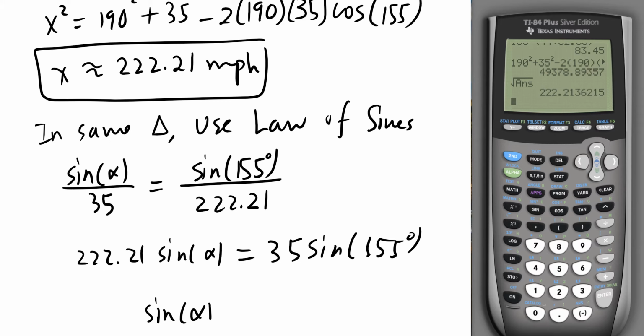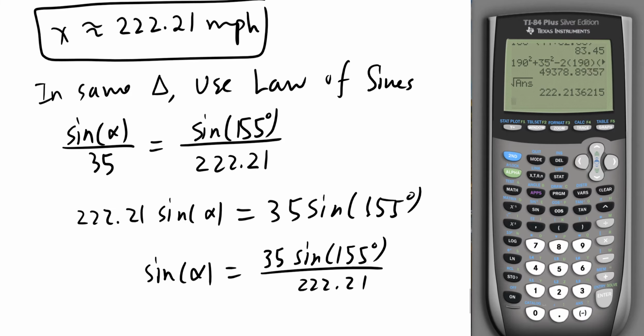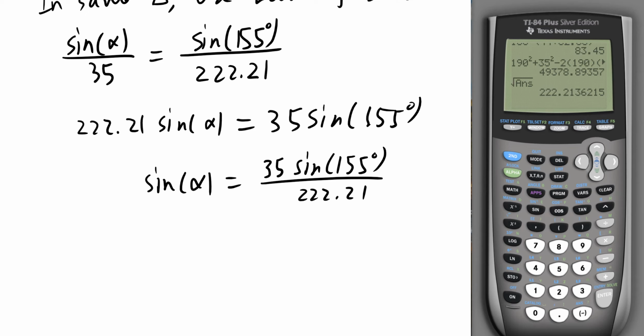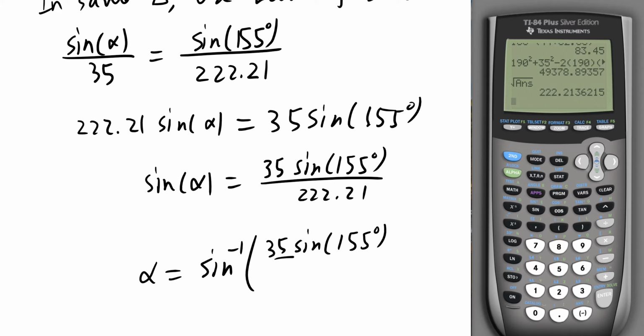Sine alpha equals 35 sine 155 degrees over 222.21. So if I want to find alpha, I do sine inverse of 35 sine 155 degrees divided by 222.21.